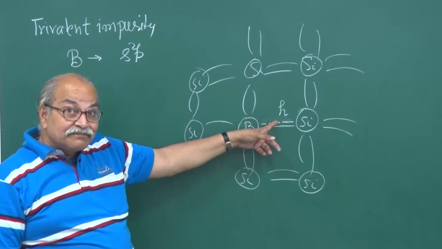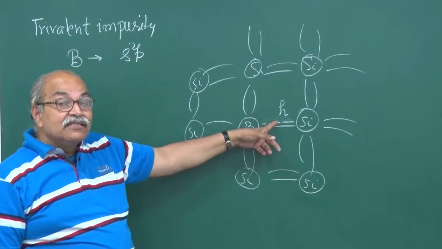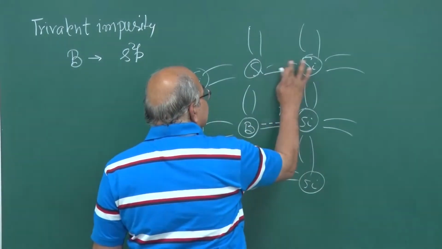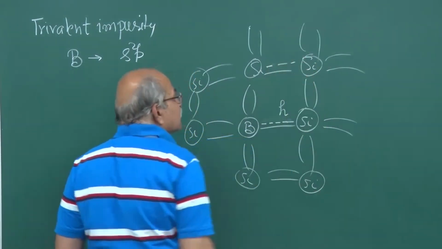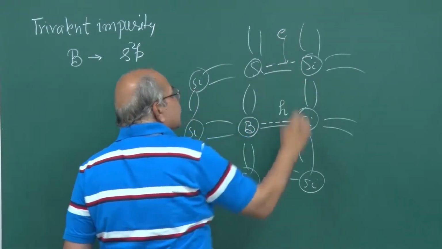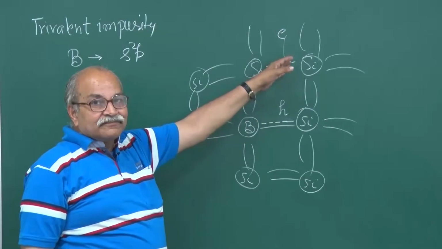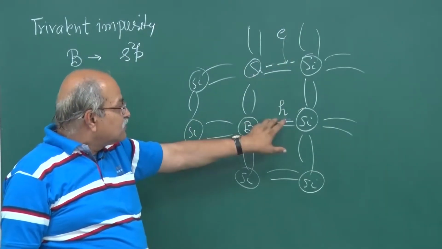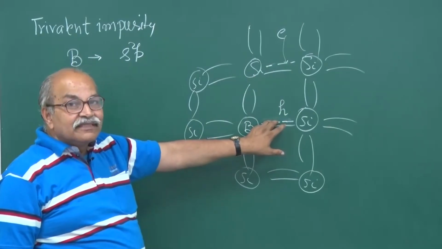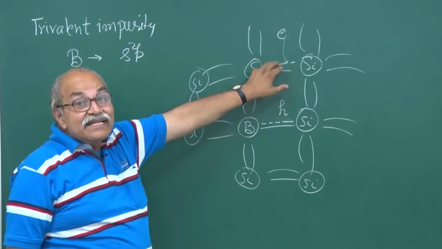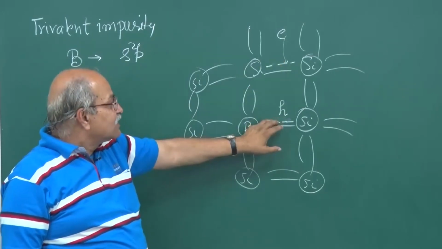What does that mean? You are creating new energy levels. Suppose a bond is broken here and some electron goes and sits here, that has some energy. But if the bond is broken here and an electron comes and sits here, this energy is slightly different from that energy.